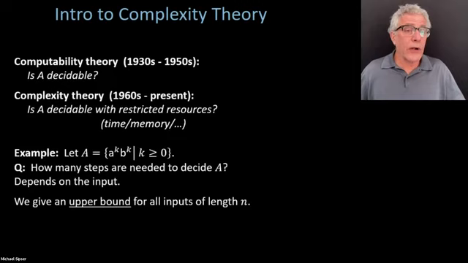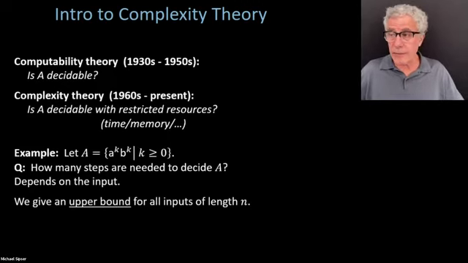So the way we're going to set the subject up, which is the standard way that people in this field look at it, is that we're going to group all of the inputs of the same length together and look at the maximum cost, the maximum number of steps you need to solve any one of those inputs of a given length.